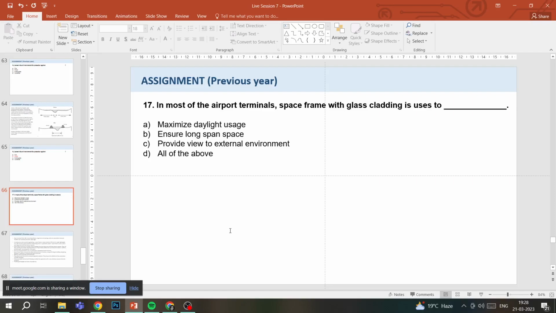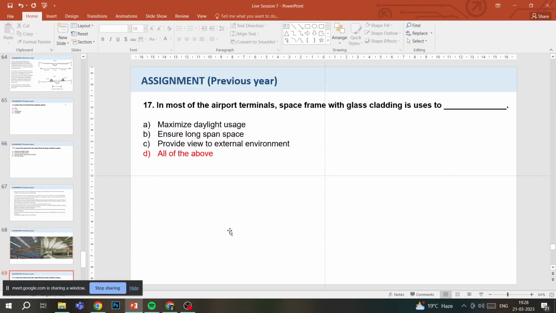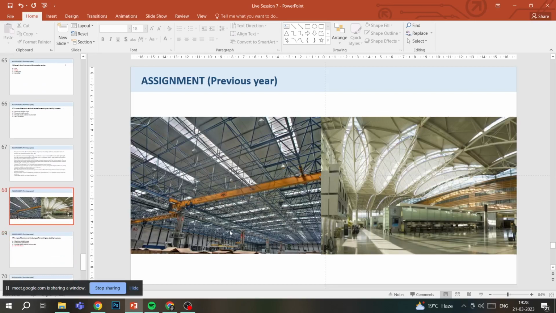These structures support a lot of daylight intake, so of course that would also be important. Provide view to the external environment. It might not be the top priority in airport terminals, but because they provide this feature also, so of course this would also be included. So the answer would be D, all of the above. These are few of the examples which show how space frame is being used inside airports.